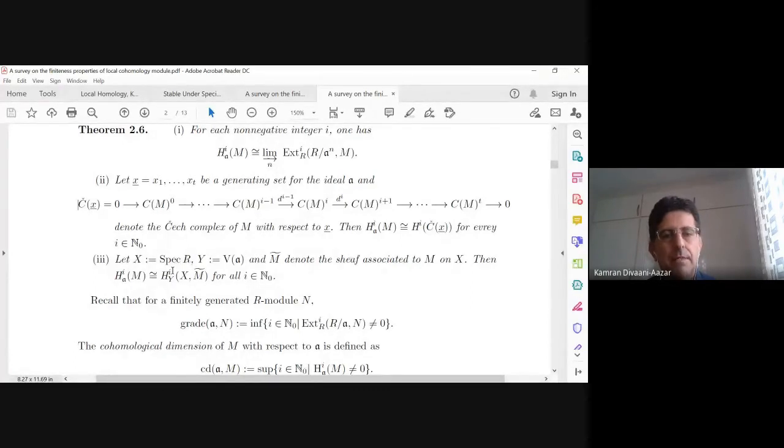Let X be the scheme Spec of R and Y be the V of A. It means the set of all primes that contain A, and M tilde denotes the sheaf associated to M on X. Then the ith local cohomology of M with respect to A is isomorphic to the local cohomology of X of the sheaf associated to M with support in Y. And you can find this as an exercise in Hartshorne's book.